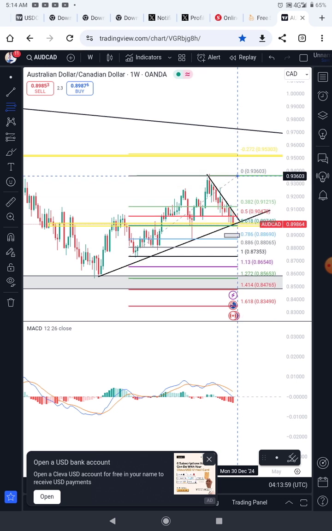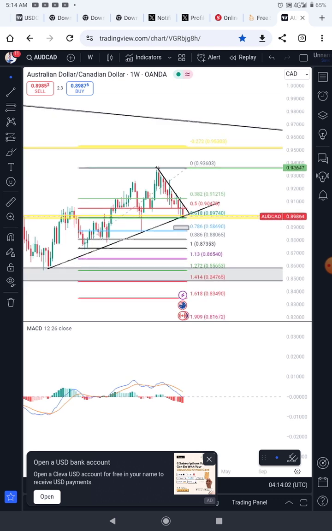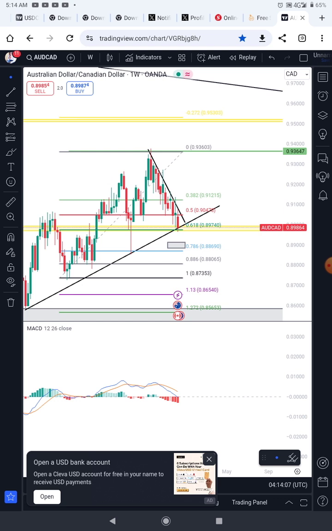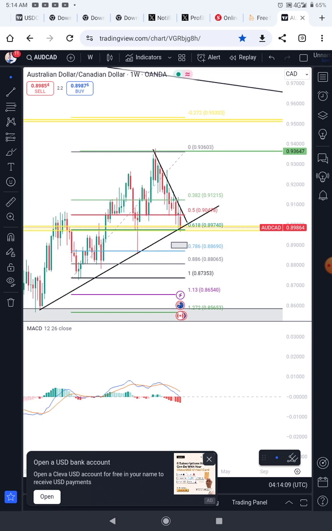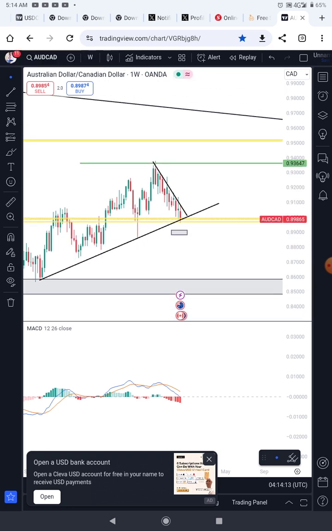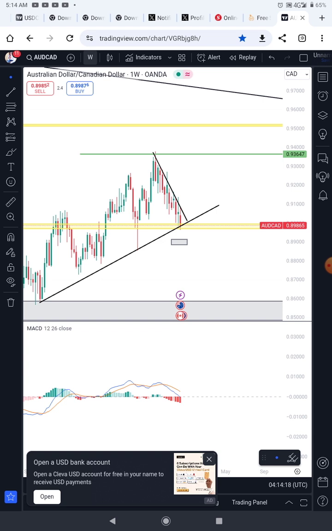Now it is exactly at the 0.618 Fibonacci extension. So this is a golden zone where I expect price to push up, right?